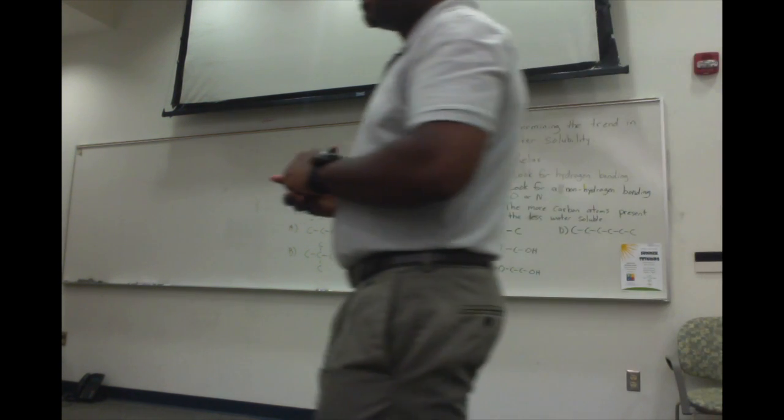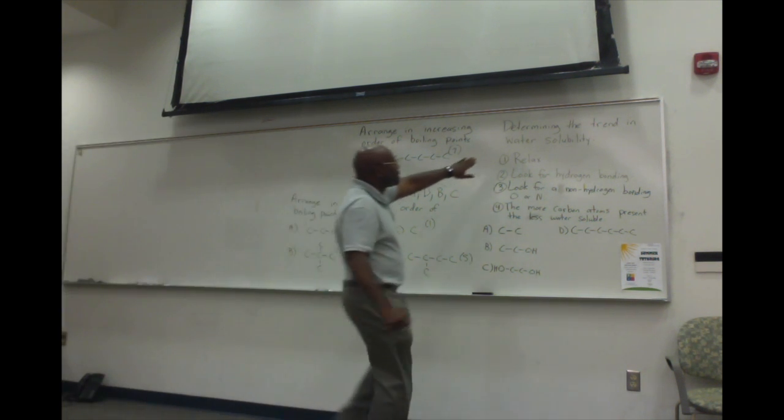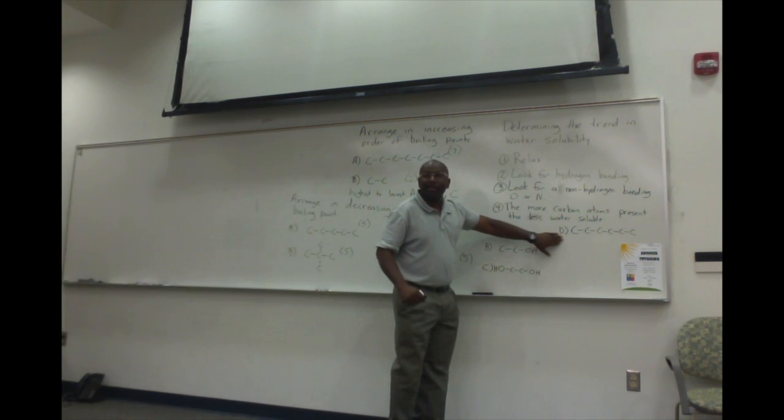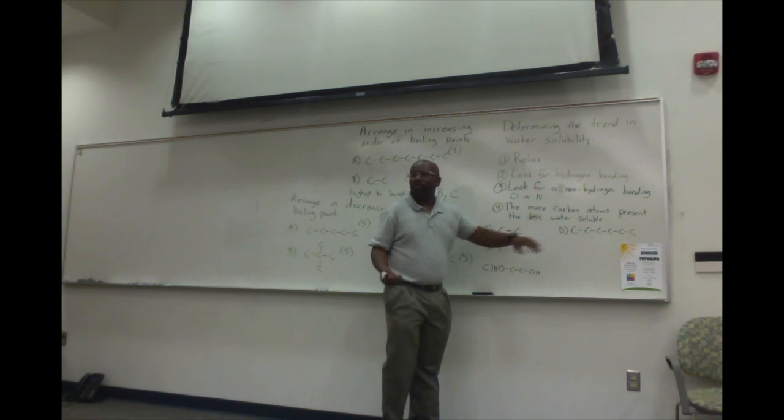Okay, so the last time we did this, you said look at the number of carbons before the branches, right? Remember looking at water solubility. Yeah, the more carbon atoms you got, the less water soluble it will be. That's not what I'm asking.